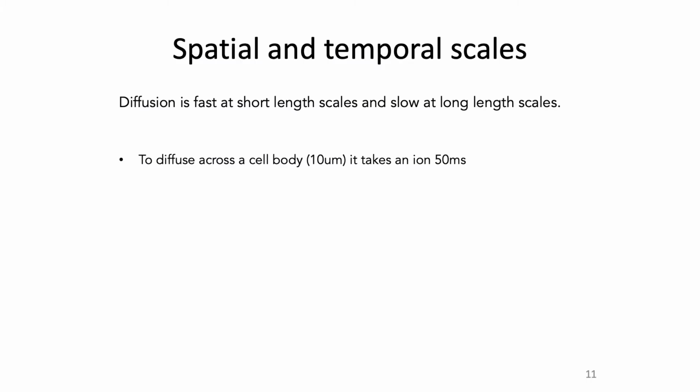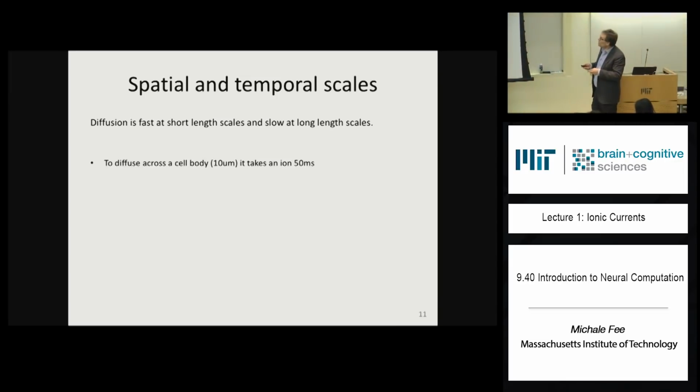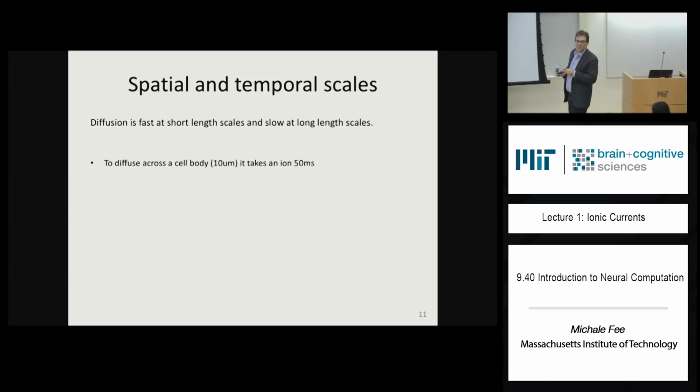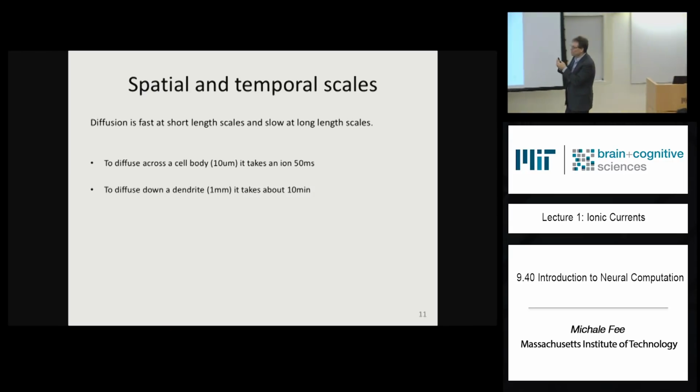So let's ask, how much time does it take for an ion to diffuse a short distance, like across the soma of a neuron? An ion can diffuse across the soma of a neuron in about a 20th of a second. How about down a dendrite? Let's start our ion in the cell body and ask how long it takes to reach the end of a dendrite that can be about 1 millimeter away.